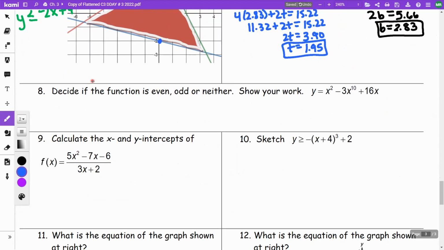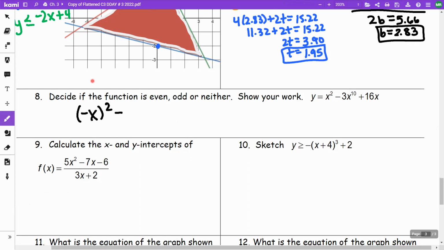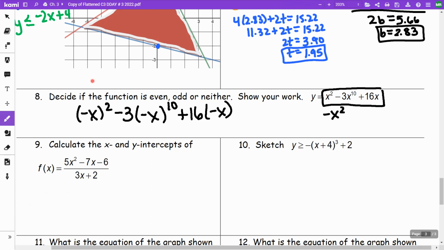Okay, even and odd. So I'm going to put in a -x and see what happens. So I have (-x) squared minus 3 times (-x) to the 10th plus 16 times (-x). Remember, if I get this exact same thing back, that would be even. If I get the opposite, then that would be odd. So let's see what I get. So this is going to be a positive x squared. And this is a -3 times (-x) to the 10th.